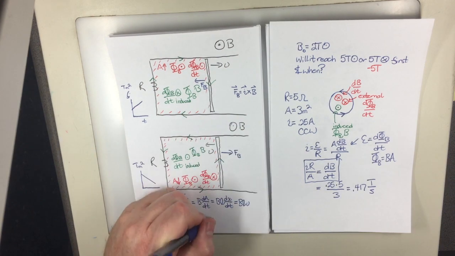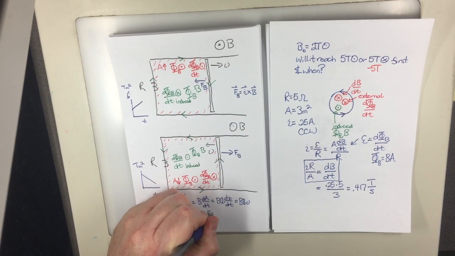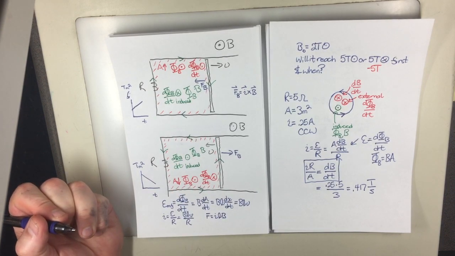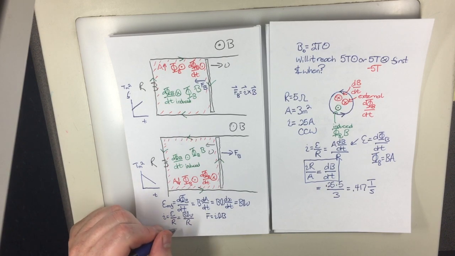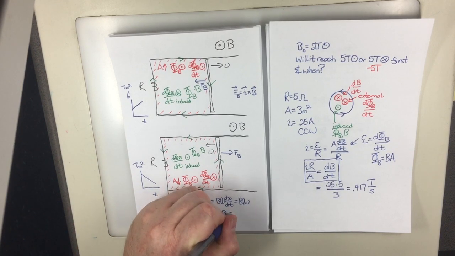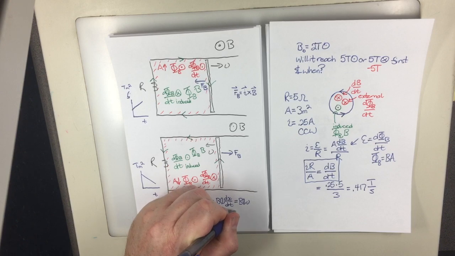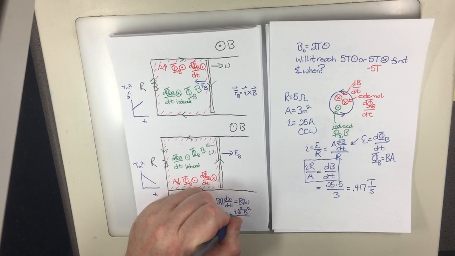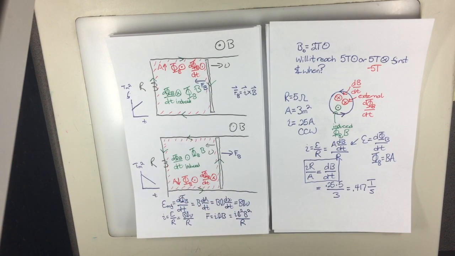This force, we use the current balance. F is equal to I L B. I is B L v over R. So I L squared B squared over R is the magnitude of the force.